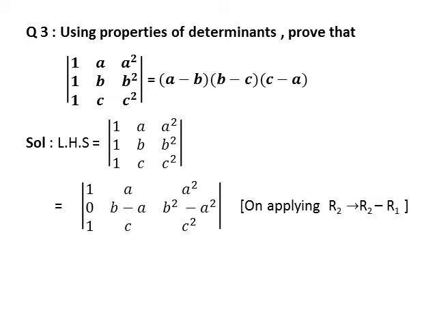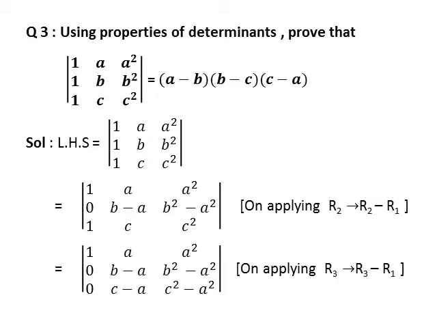In next step, applying the operation R3 is to R3 minus R1, we get a determinant in which elements of R1 are 1, a and a square, elements of R2 are 0, b minus a, b square minus a square, and elements of R3 are 0, c minus a and c square minus a square.